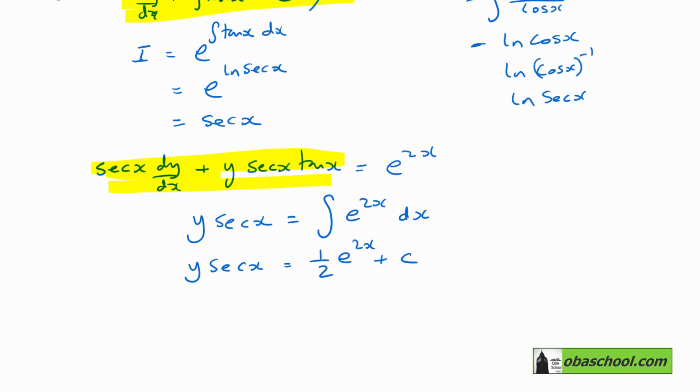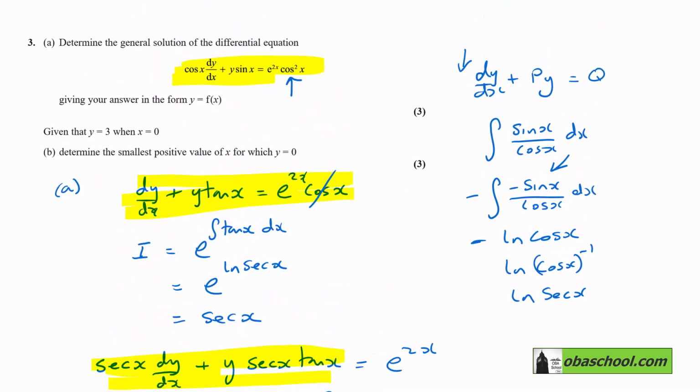Then multiply both sides by cos x, and we get y is equal to (half e^(2x) plus a constant) multiplied by cos x.